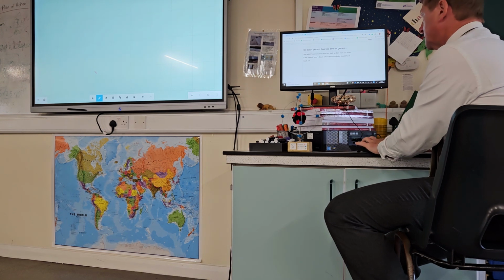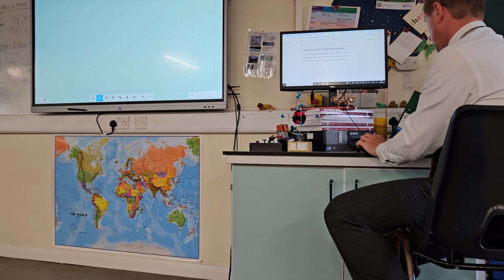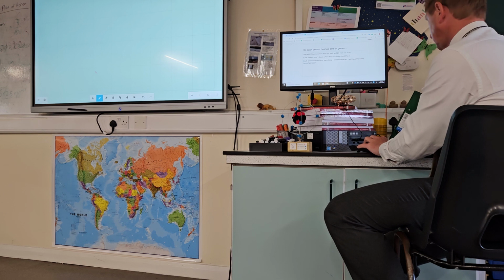Okay. Each chromosome of your parents, e.g., chromosome number 1, will have the same type of genes on. E.g., let's say both have eye colour and hair colour.